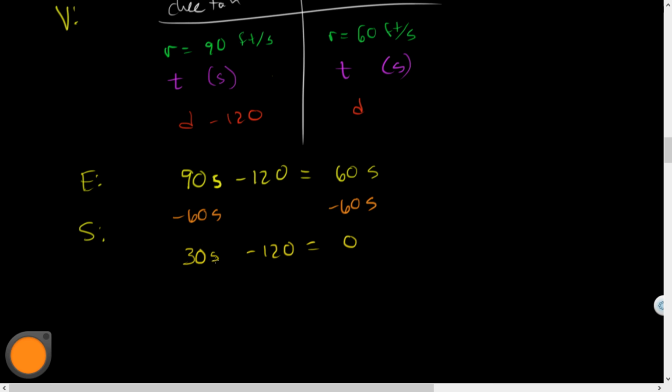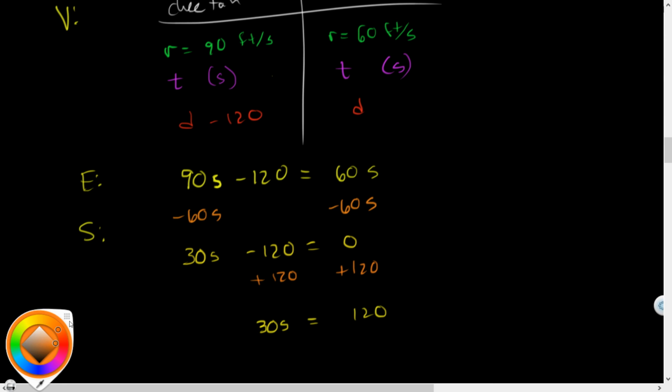And then how do I solve this for S? I would add 120 to both sides. So I'd have 30S equals 120, lining up those equal signs, right? And then to solve for S, it's being multiplied by 30, so divide both sides by 30.